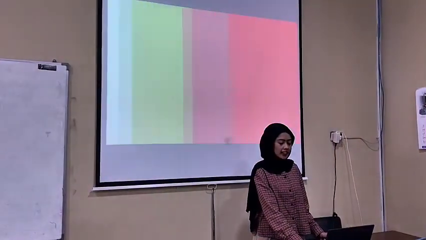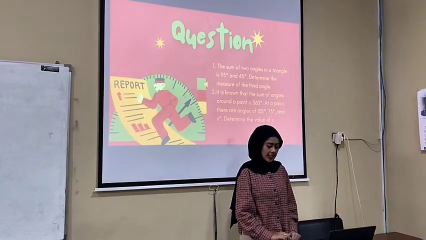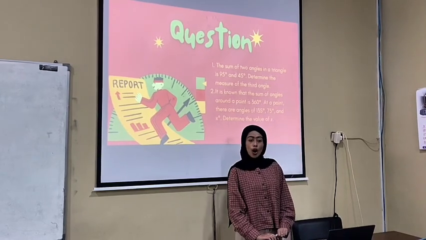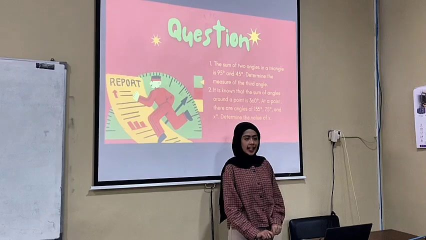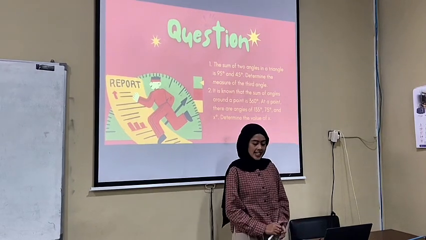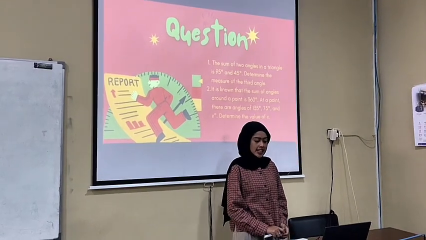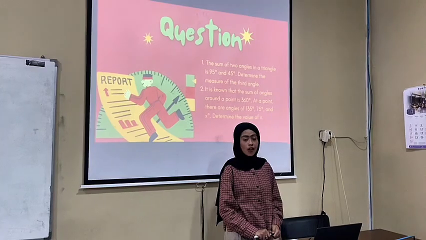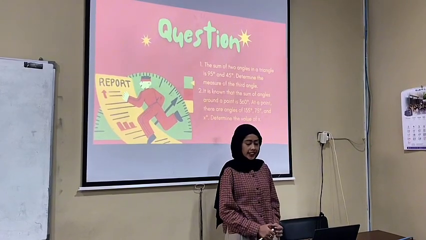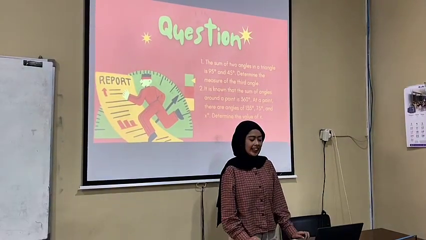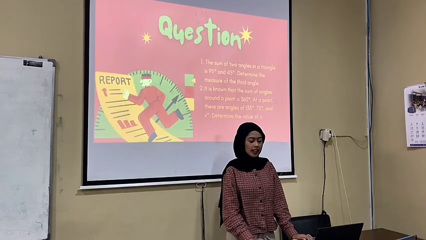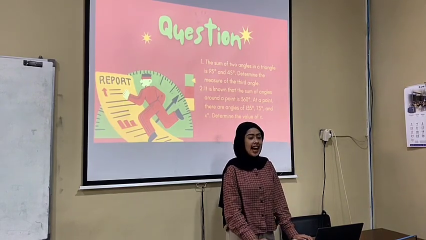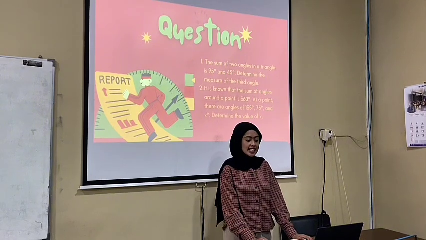Next, questions. First, the sum of the angles in a triangle: two angles are 95 degrees and 45 degrees. Determine the measure of the third angle. Second, it's known that the sum of angles around a point is 360 degrees.